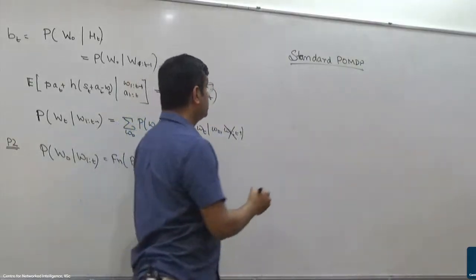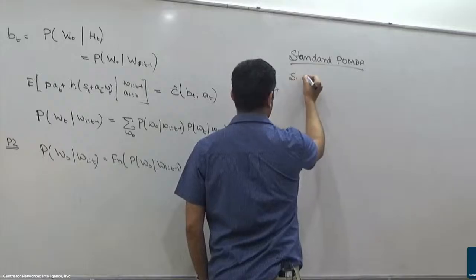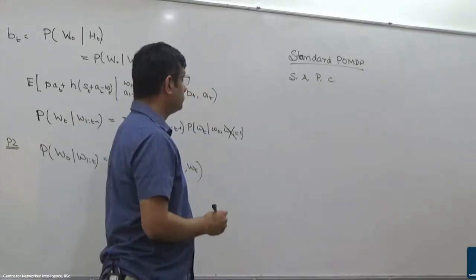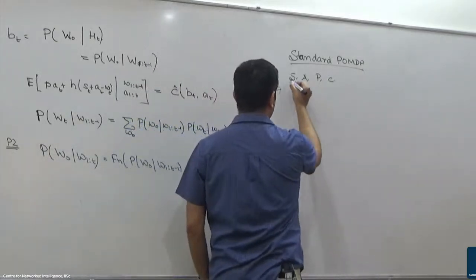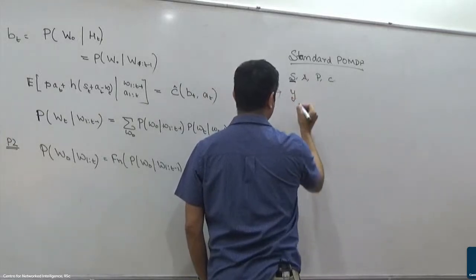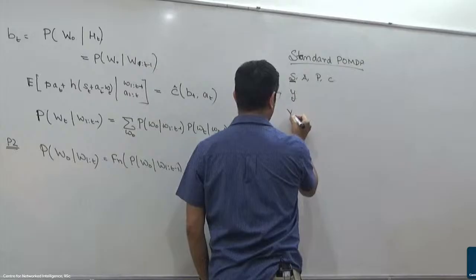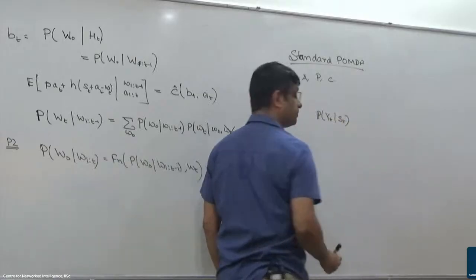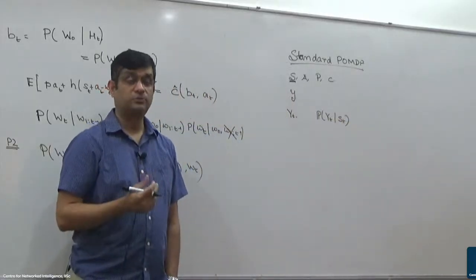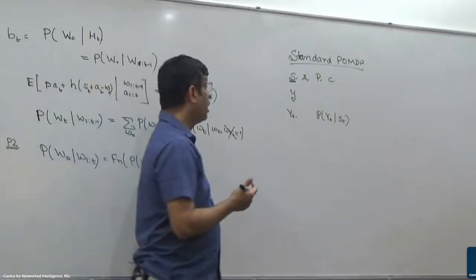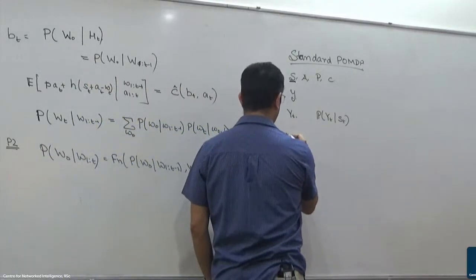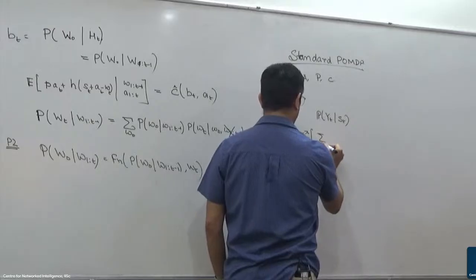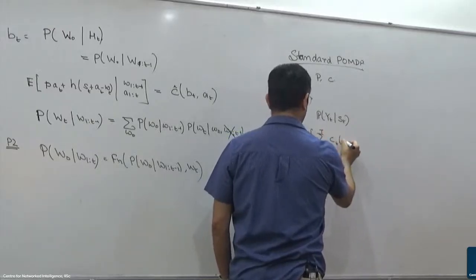So I have a state space, action space, P and C. And I'm going to assume that I do not observe the state, rather I have some observation space, and at every time I get yt, where I am given the probability of yt conditioned on st. So I observe some noisy version of the state, and I want to choose a policy to minimize the expected value under pi of the cost of st and at.